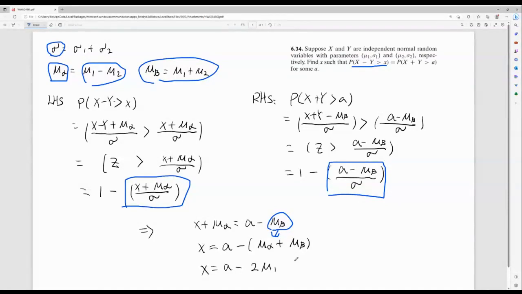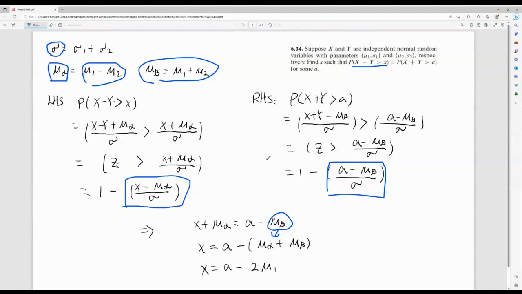All right. So this question looks like a difficult question, but it's good. I have one question. So the sigma is sigma 1 plus sigma 2 for both cases, for x minus y and for x plus y?